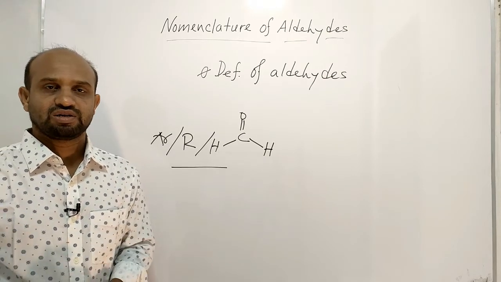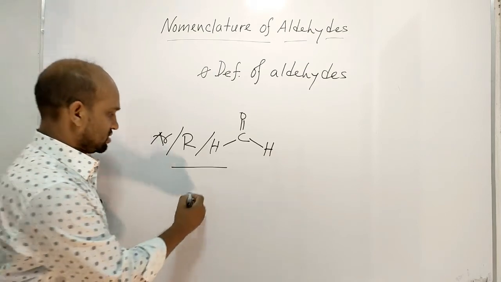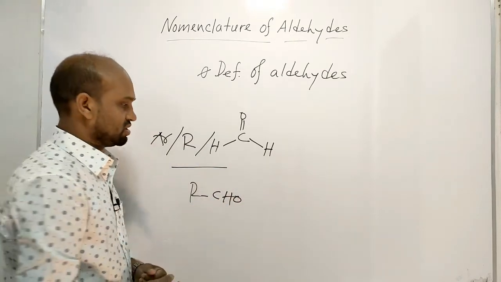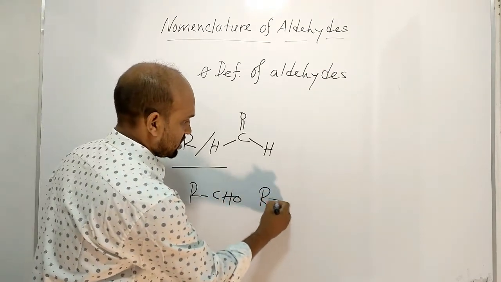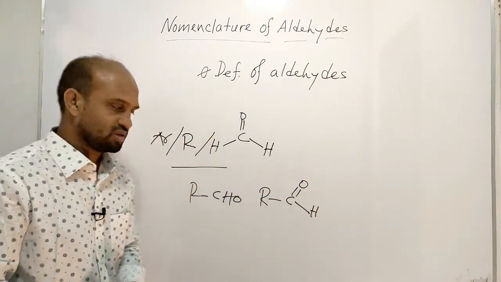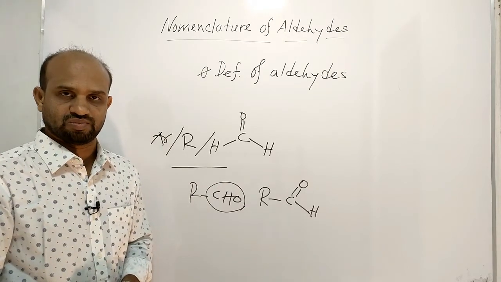or differently it can be defined as, this is the general formula of aldehyde. In structure formula it can be written as this. The name of this group is aldehyde group.